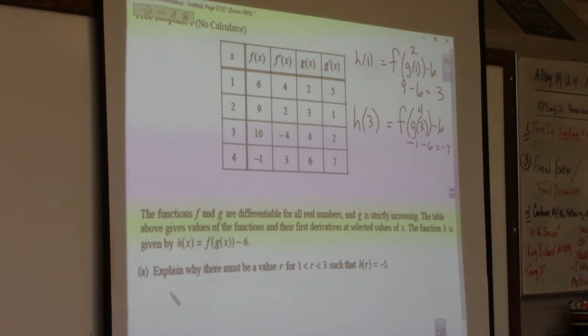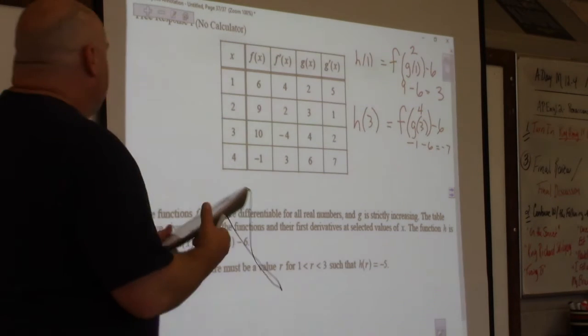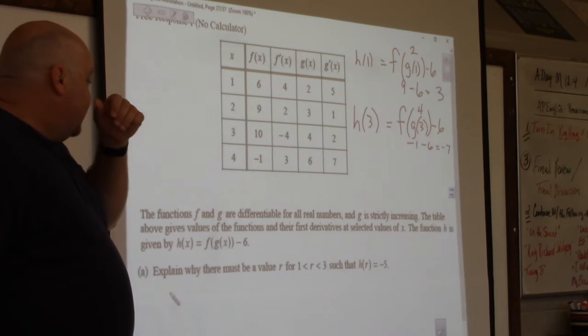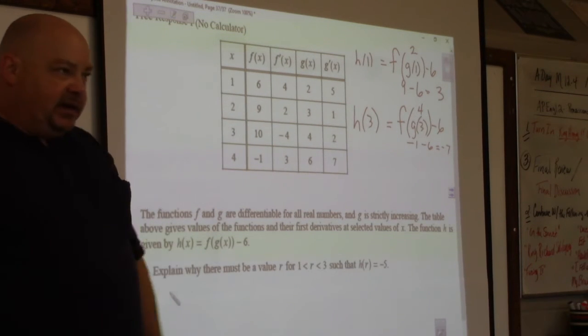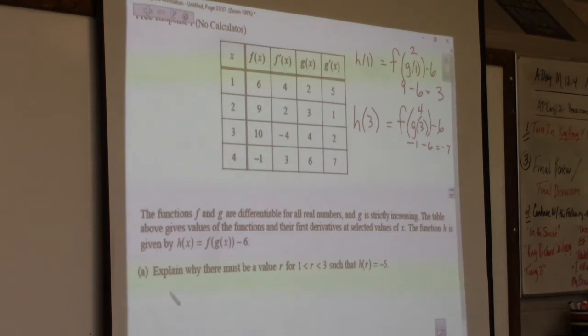Intermediate value. But let's go ahead and explain it. Because they want you to explain it, so we need to put it in our own words. Why must there be a value? Well, since h of x is a composite of 2 differentiable, continuous functions, it is also continuous.